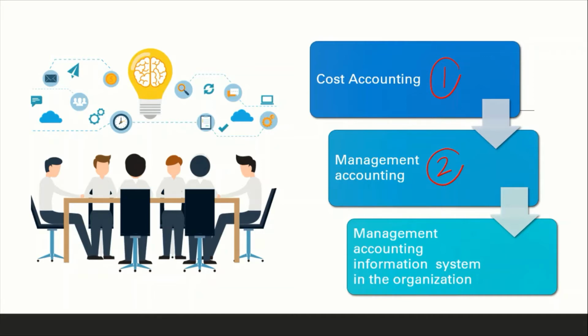So the flow is like this. You will start by making the information. Then the information will be used by the management to conduct decision making. And the decision making is for the system in the business. Understand? Okay, so let's move on to the next slide.